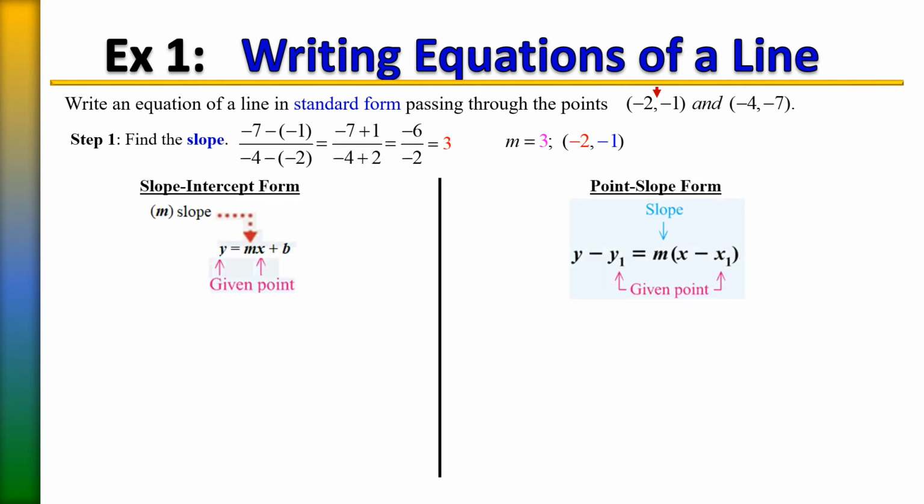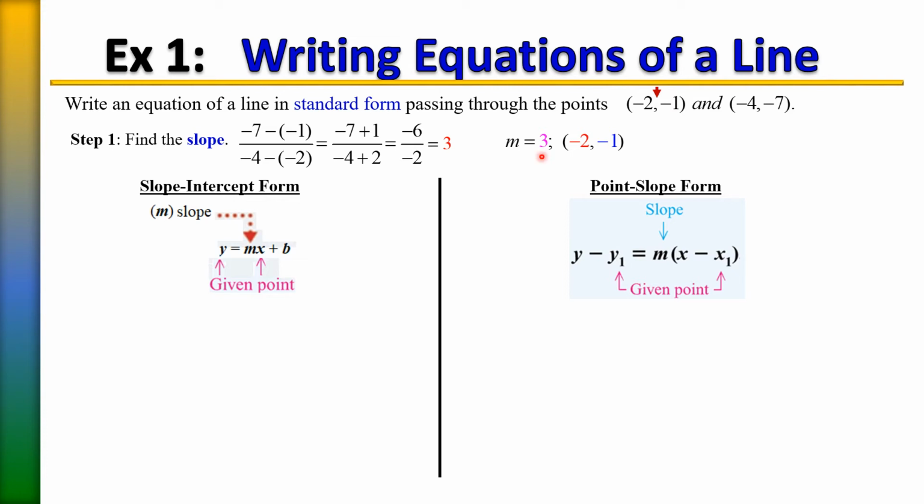That means that we're going to remove the y and replace it with what? What is our y value? That's correct. If we're using the point (-2, -1), our y value is -1. So we're going to plug in a -1 in y's place. What are we plugging into m's place?